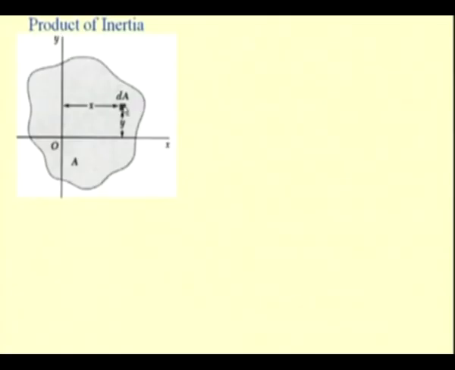Now we know that the second moment of this area dA with respect to, let us say, the x axis is nothing but y square dA, and the same way the second moment of this area with respect to y axis is x square dA. So the product of inertia of this elemental area dA with respect to this axis, that is OXY, is given as xy dA.